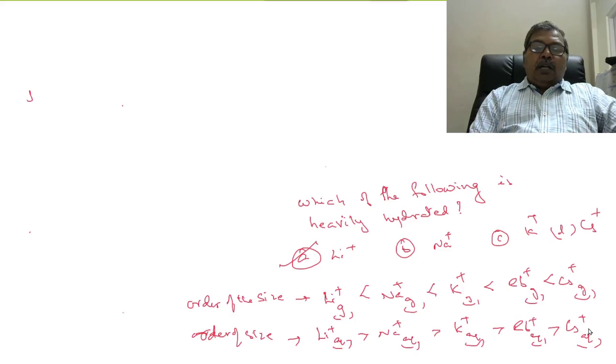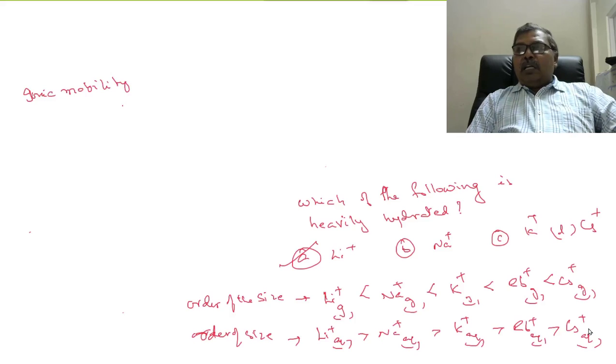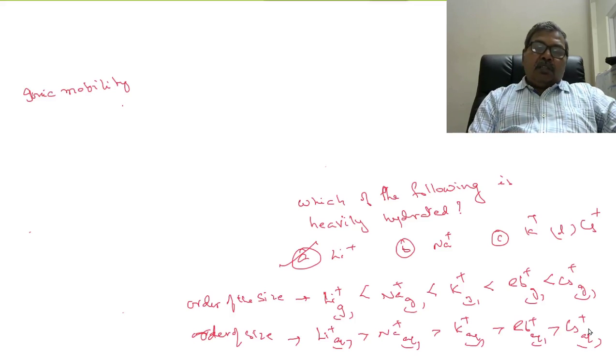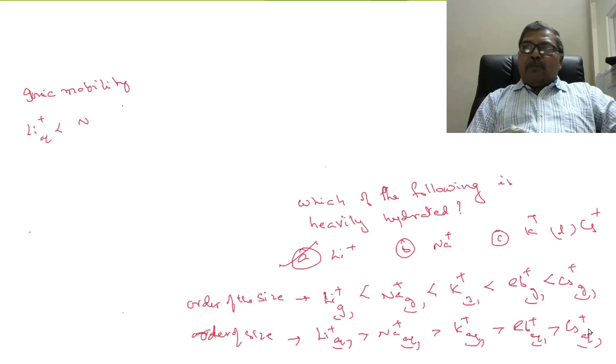So, ionic mobility. See, ionic mobility is the tendency of movement of an ion in the aqueous solution. You can compare ionic mobility with ionic velocity also.